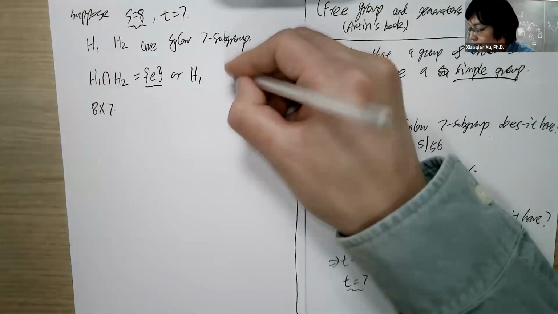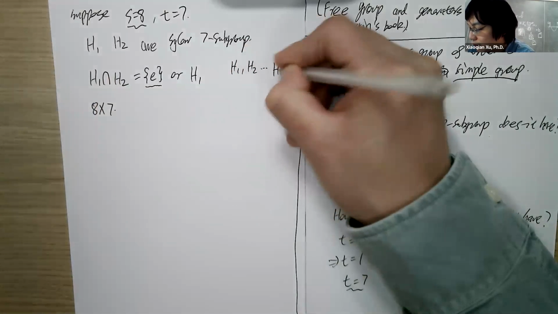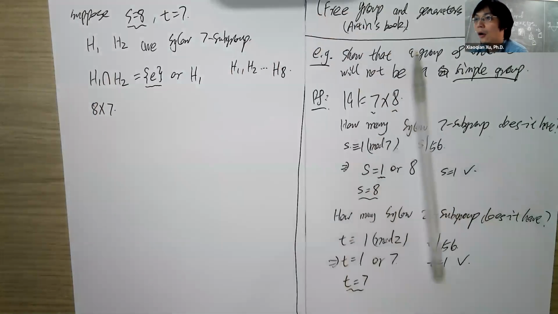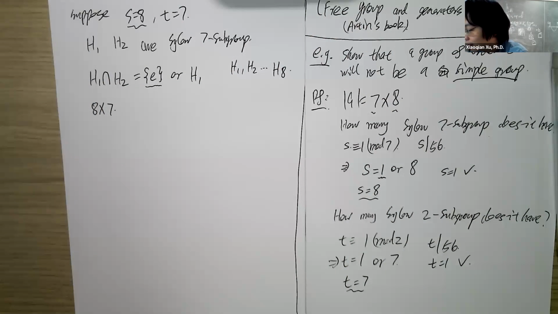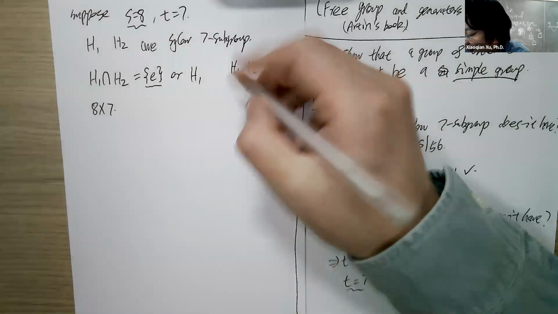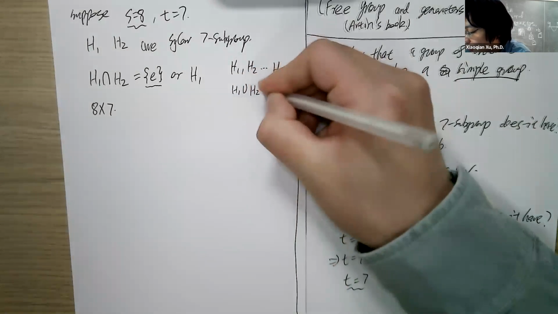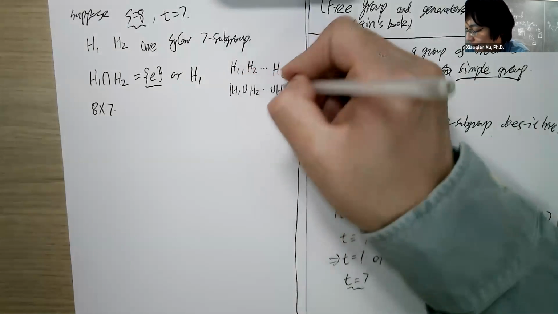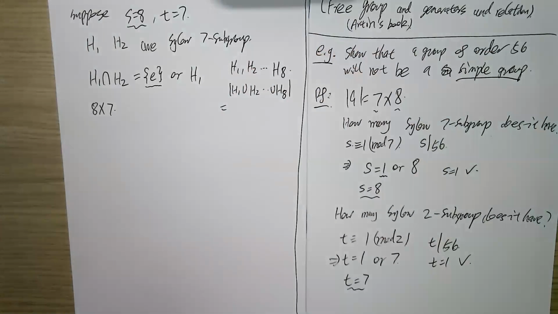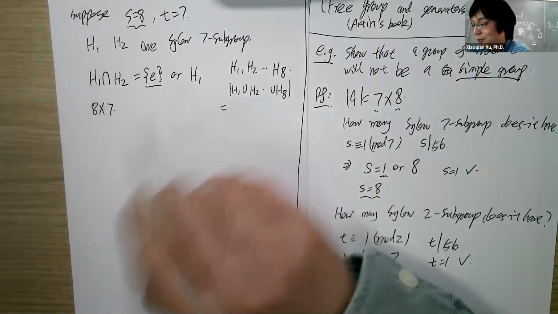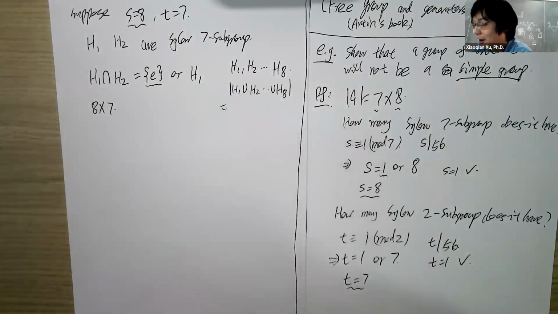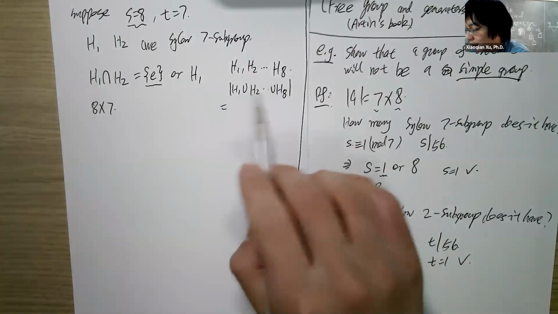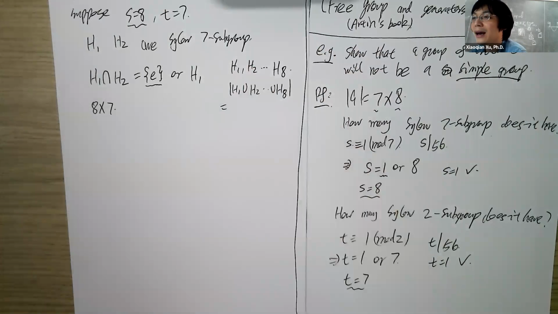Among H1, H2, until H8, they are all subgroups of order 7. How many elements can you find in the union of all these subgroups? Well, either 1 or 7, right? So that means if there are 8 different Sylow 7 subgroups, then any 2 of them only have 1 common element, right?